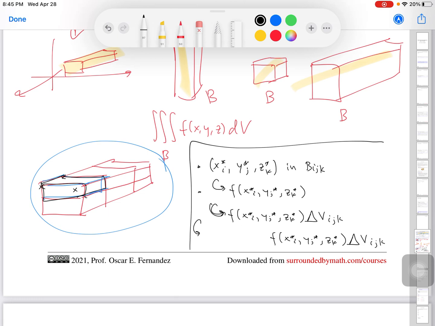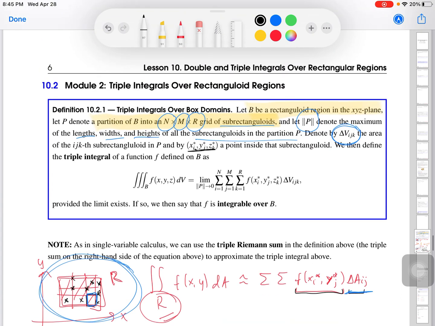So I then will have a sum over i, 1 to n, sum over j, 1 to m, as before, and then now I have a sum over k from 1 to r. So this then is an approximation of the triple integral we are trying to calculate.